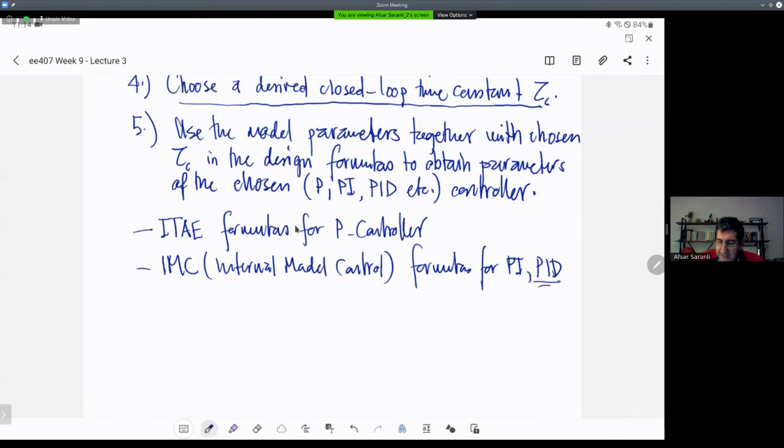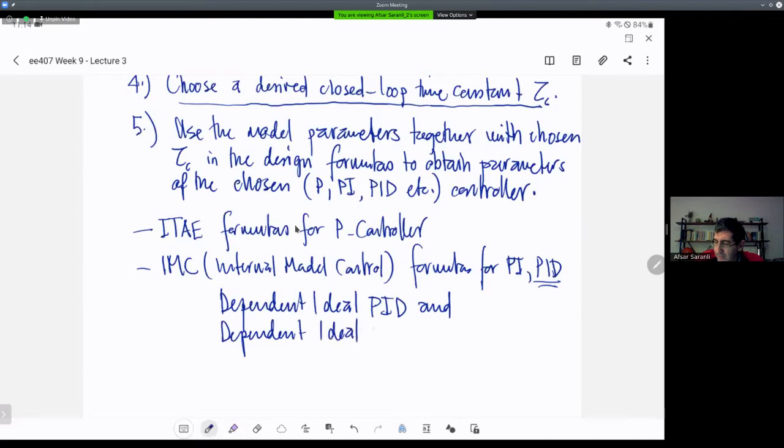In the PID case, you are talking about dependent ideal PID form, and also formulas are given for dependent ideal PID plus controller output filter.